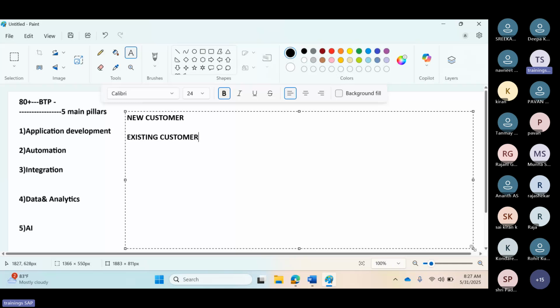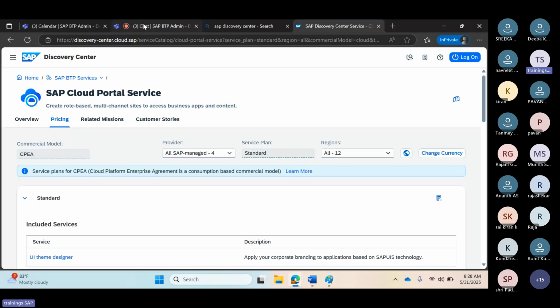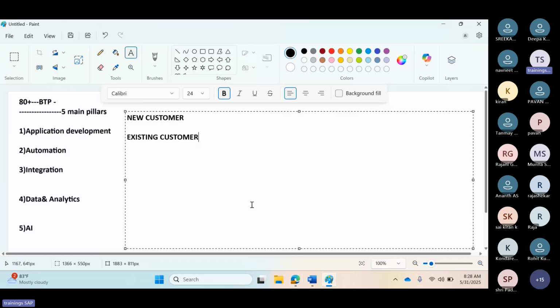In one word, it's a bundle of many different tools and services that are used to innovate applications and enterprise applications, and to automate processes.